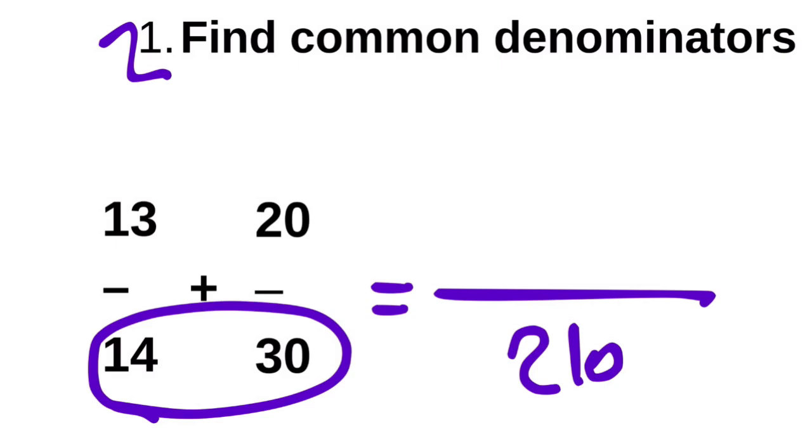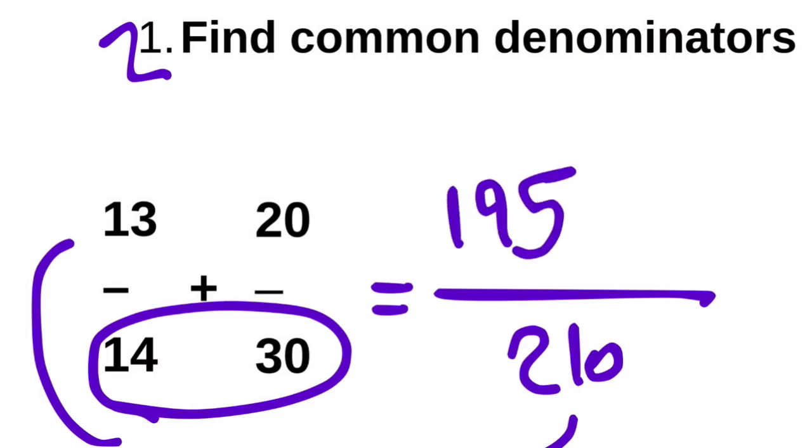So first we divide this LCM by the denominator and then multiply the result by the numerator. 210 divided by 14 equals 15. 15 times 13 equals 195. Okay, now this one. 210 divided by 30 equals 7. 7 times 20 equals 140.